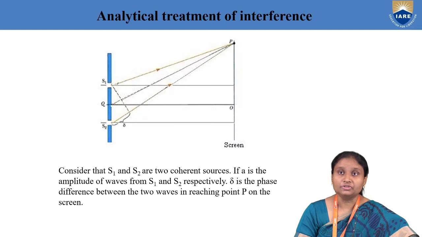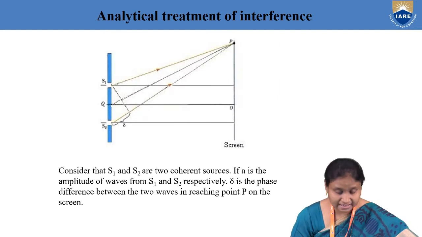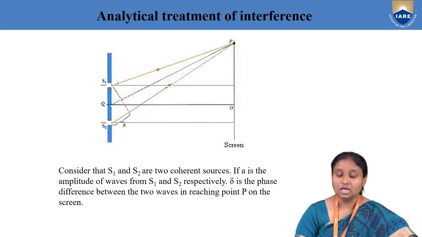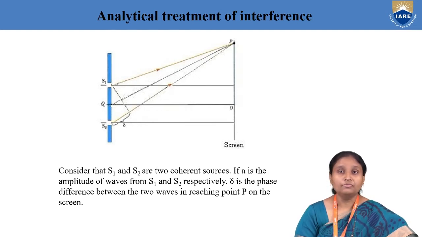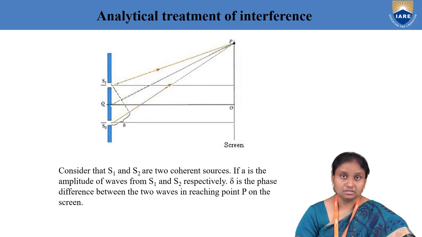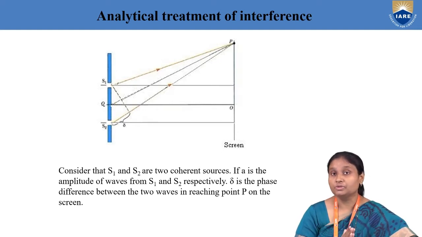Then to proceed further, the next topic of discussion is the analytical treatment of interference. Here we are saying that because of interference on the screen, we are able to create bright and dark fringes. So now we should try to get the conditions. What are the conditions to get a bright fringe on the screen because of overlapping of the two waves coming from two different coherent sources?